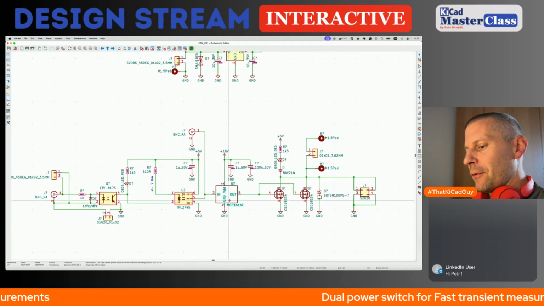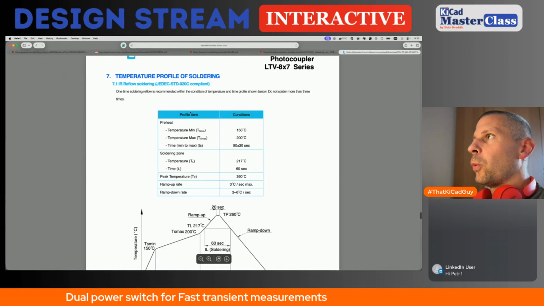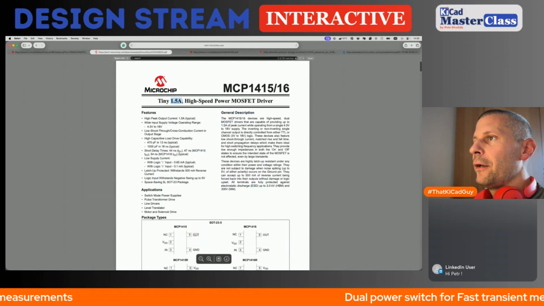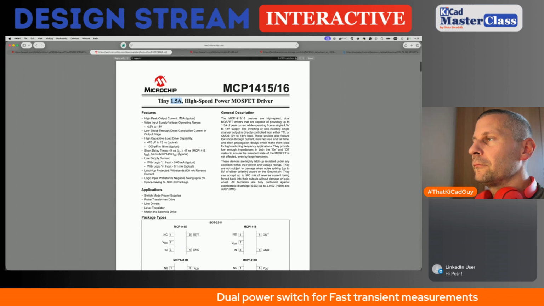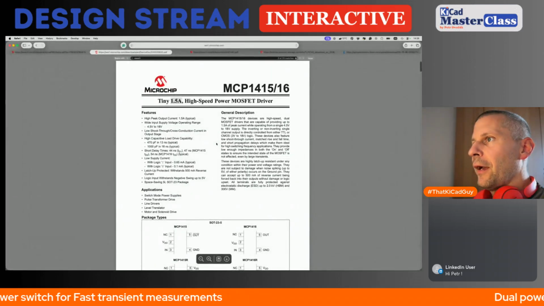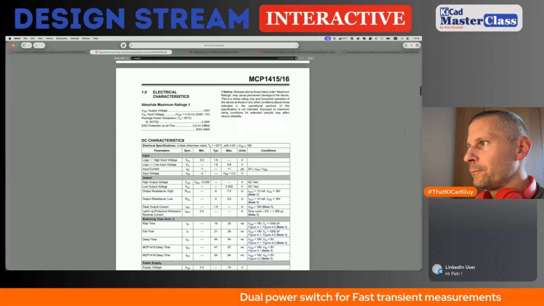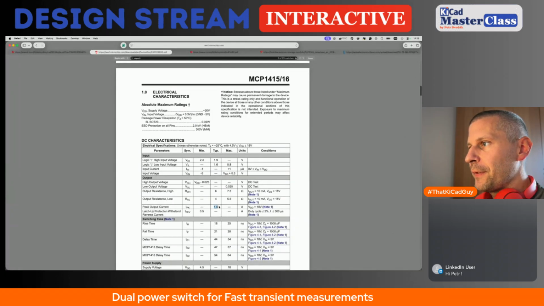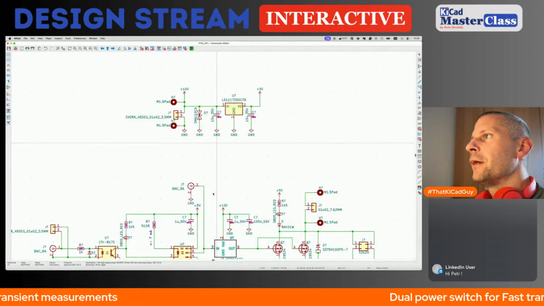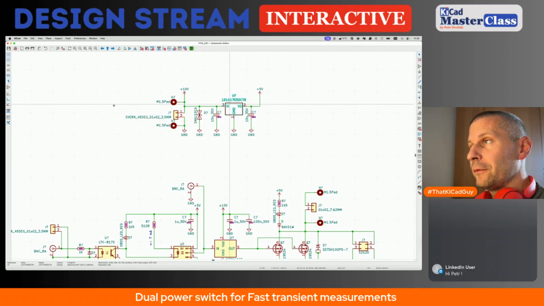Because that gate driver can deliver peak current of 1.5, I think, amp. We will have, in fact, 2 gate drivers for heavy load and light load. So the peak current of this gate driver can be up to 1.5 amp.